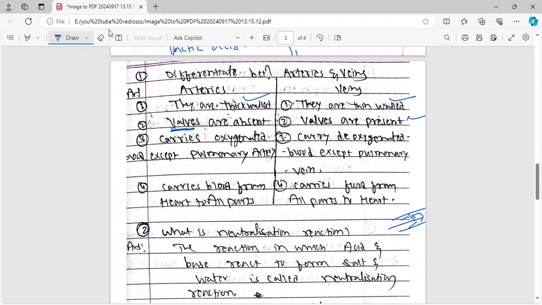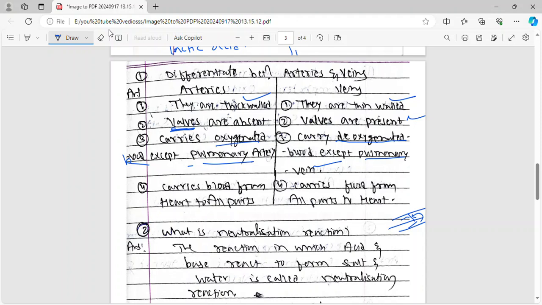Arteries carry oxygenated blood. All arteries carry oxygenated blood except the pulmonary artery, which does not carry oxygenated blood. Veins carry deoxygenated blood except the pulmonary vein, right?